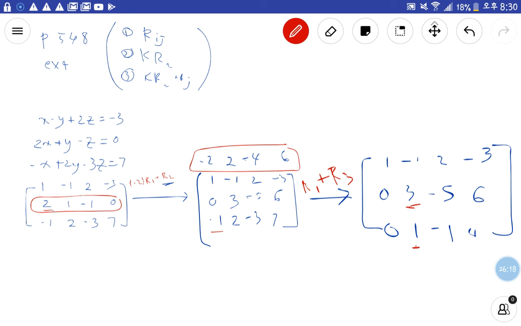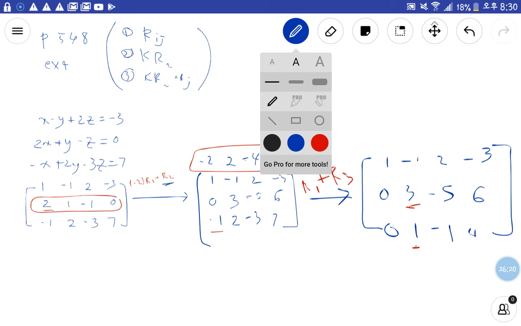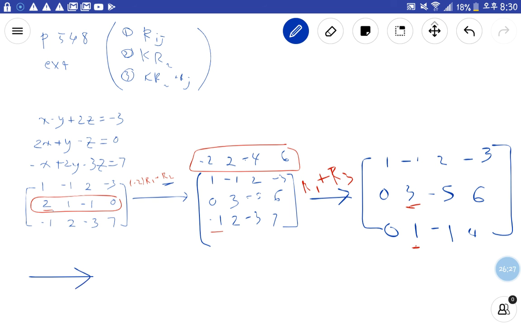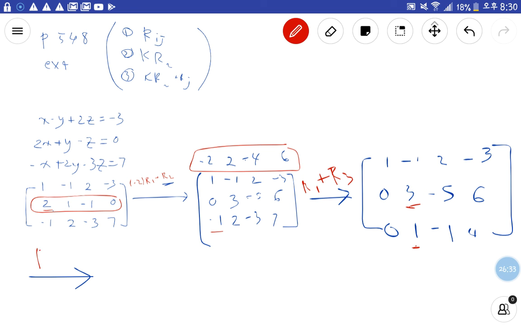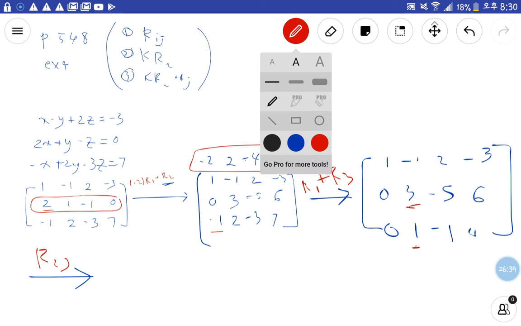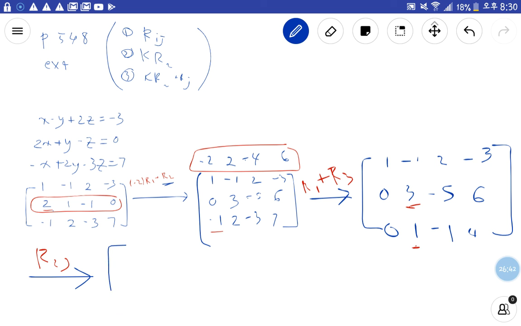So I can simply, okay, that one goes to here, okay? I just change my second and third, then it will be good, right? So you can just interchange second and third, then I can make my second one as 1 without doing anything. So your first one should be kept.